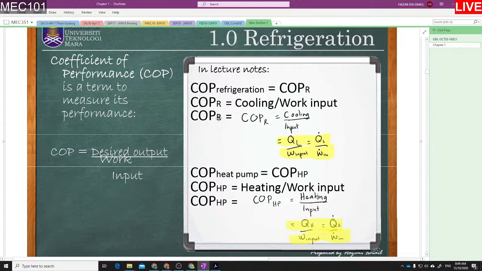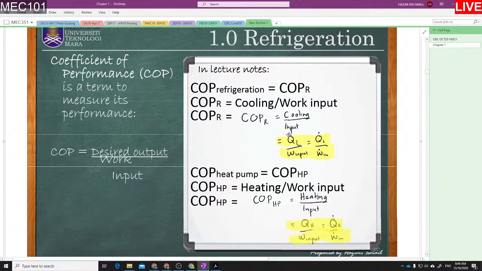So the COP of refrigeration equals the heat transferred from the low temperature region, L means low, over the work input, the work that we give to the system. If you have a refrigerator in your house, the work input comes from the electrical energy that you pay monthly to Tenaga Nasional Berhad.